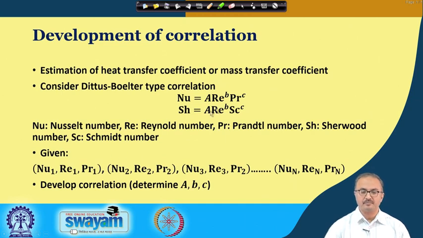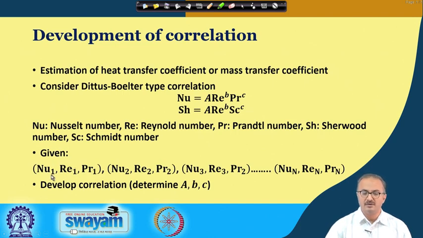Okay. Now, when you want to develop such kind of correlations, I will not go into specific examples, I will simply tell you the methodology. Suppose you are carrying out some experiment, and from those experiments you get the values of Nusselt number, Reynolds number and Prandtl number, and you will be given a set of these values. Okay.